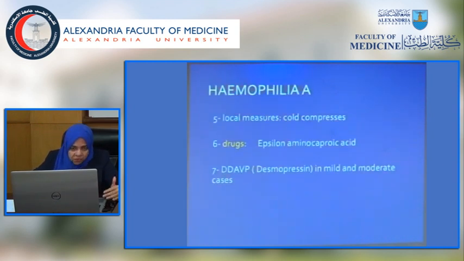Local measures, of course, like cold compresses, and drugs like epsilon aminocaproic acid, which are antifibrinolytic drugs. They are given to help the fibrin clot to be stable and to prevent its degradation.